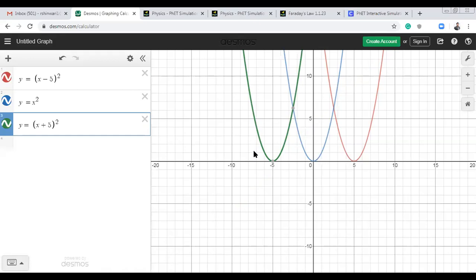But in horizontal shifting, you need to replace x by x plus 2, x plus 3, x plus 4. It depends upon how many units you want to move on the right side or the left side. Clear, guys? Shifting the graph upward, downward, right side, left side. Great, thank you.